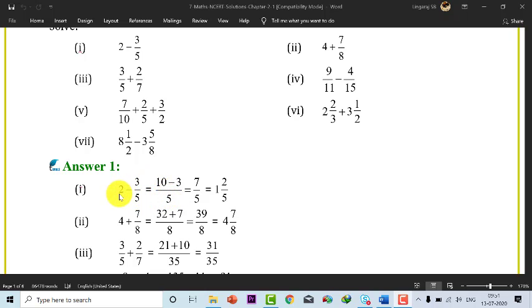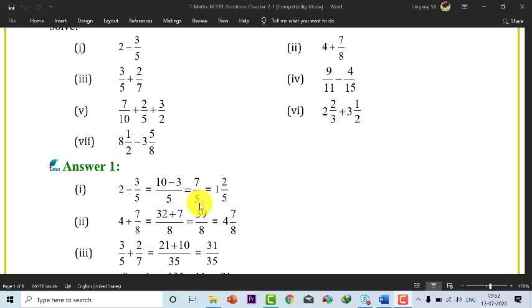Whichever number we are multiplying by, those should be multiplied to the numerator now. So 5 into 2 is 10 and 3 into 1 is 3. So 10 minus 3 is equal to 7. Okay, this denominator 5 will remain the same, which is the LCM.